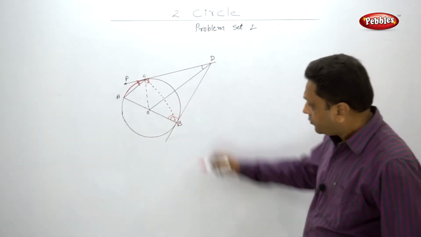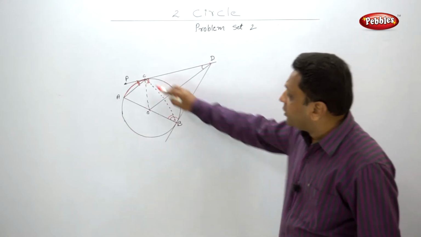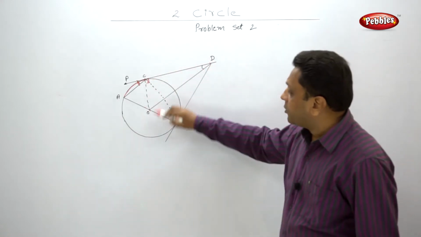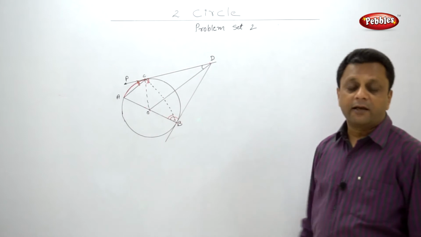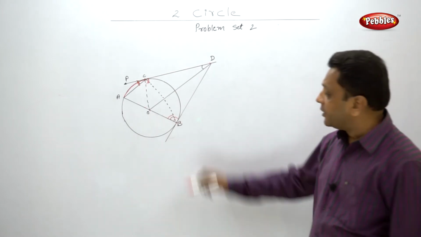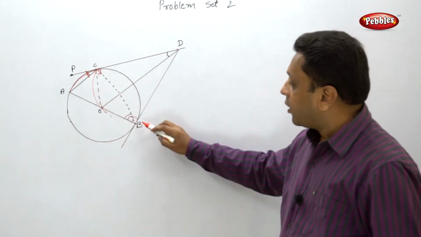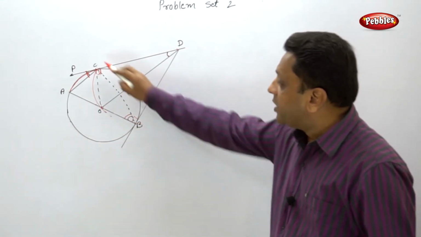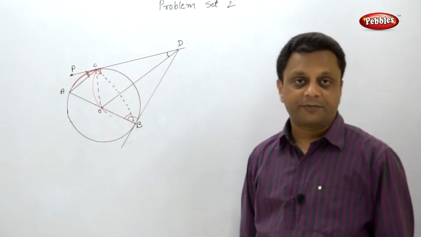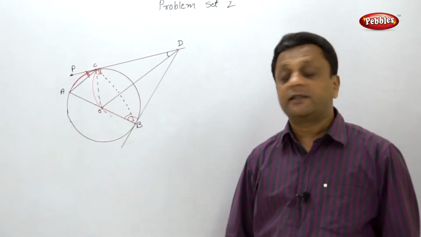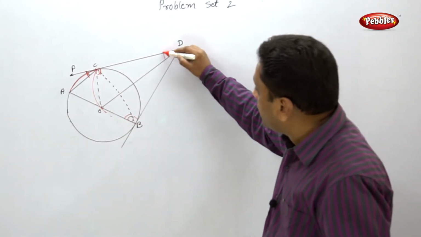Now, I already told you that this is a cyclic quadrilateral because opposite internal angles are supplementary. Addition is 180 degrees: 90 plus 90, 180. This angle intercepts this arc, and along with that, this angle OBC also intercepts the same arc. Angles intercepting the same arc, so these angles are congruent.